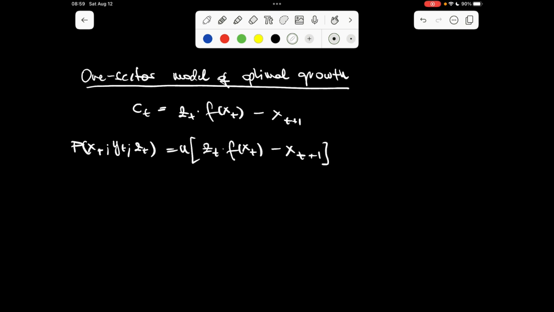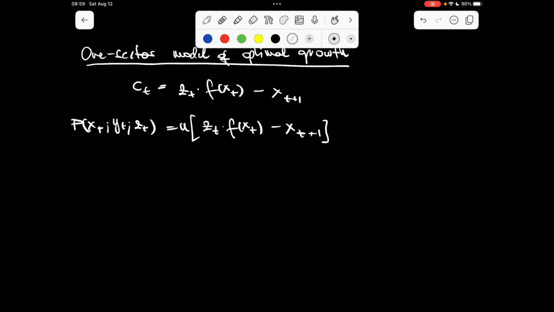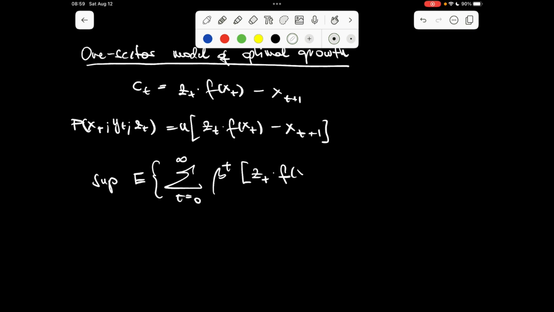First, we need to formalize the sequential problem. So this is what we want to do, where E is the expectation operator. This is what we want to solve to find a path for the capital stock that attains the supremum in this sequential problem.